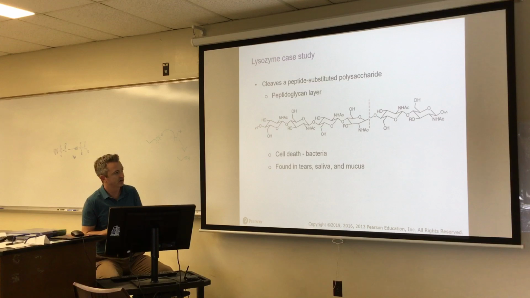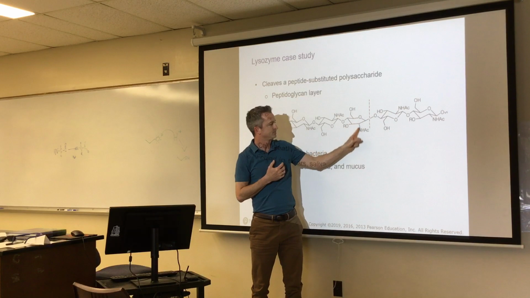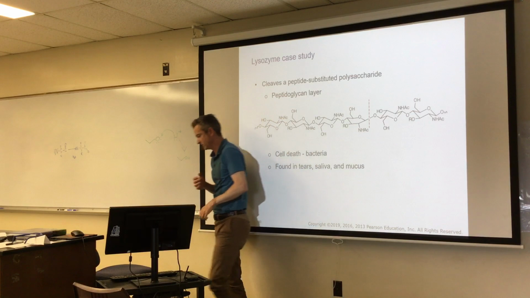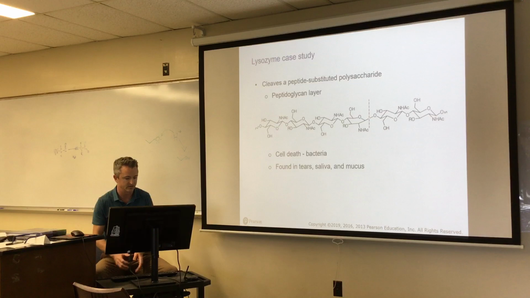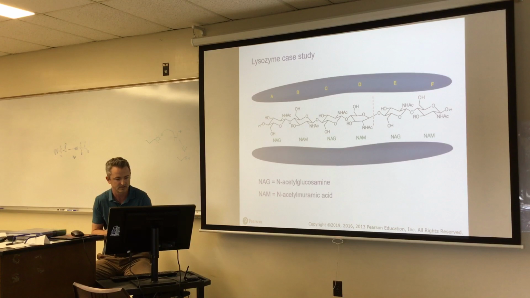We're going to discuss in particular the mechanism associated with that cleavage here on this NAM residue and the particular conformation that's achieved with that particular sugar residue. So here's a little bit more of a detailed picture, basically showing that within the active site, NAG is the N-acetylglucosamine residue, and NAM is the N-acetylmuramic acid residue.